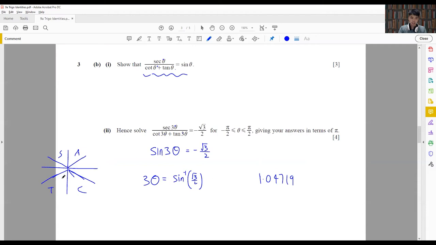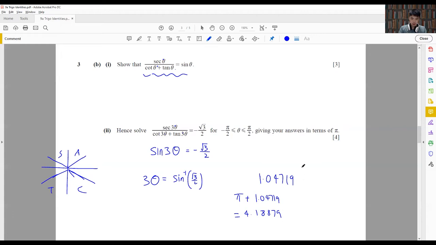So since it is the negative quadrant, we need to first use pi plus this answer here, 1.04719, and this will be 4.18879, okay?